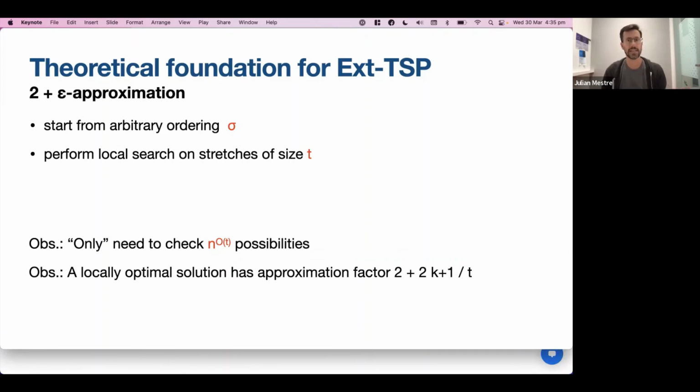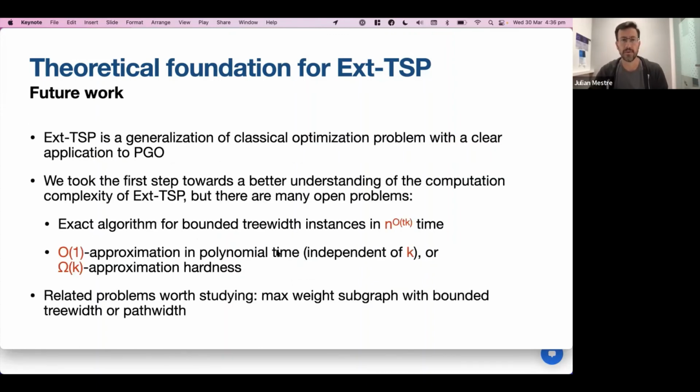Even though k is not huge, typically in practice it is around 100 or 200. You know, n to the 100, that's pretty useless from a practical point of view. And if this is not possible, then getting a lower bound that depends on k for the approximation hardness.